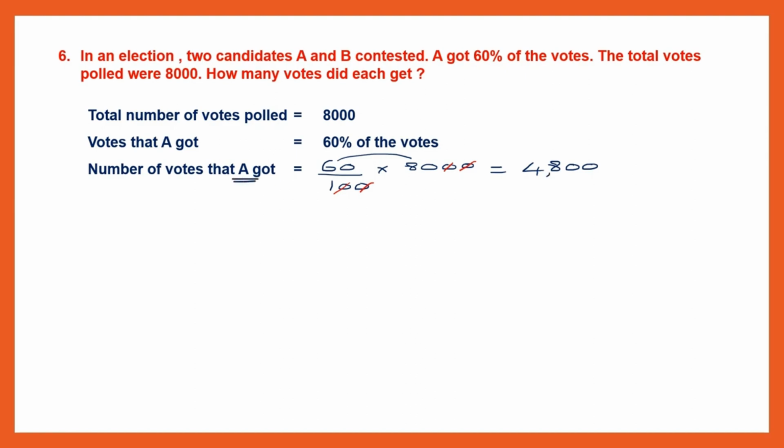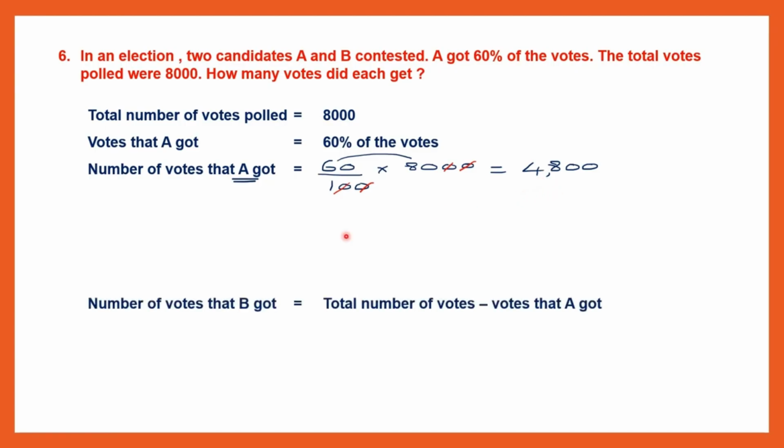So we found out how many votes A got. Now we need to find out how many votes B got. Now how do we find that? We know the total number of votes. And from that we know how many votes A got. So when you subtract the two, what is remaining will be the number of votes that B got. So the number of votes that B got is total number of votes minus the votes that A got. So total number of votes is 8,000 as it's given in the question, and the votes that A got is 4,800, which we just found out. Now let's subtract and find.